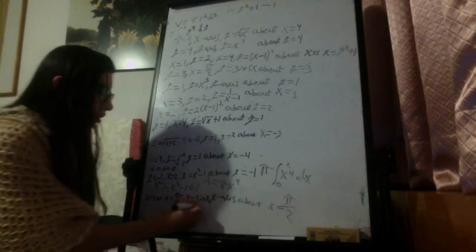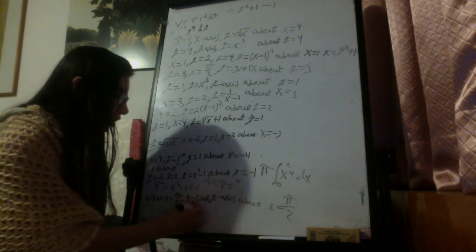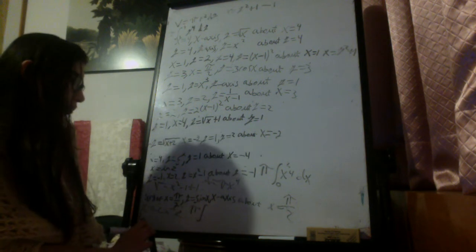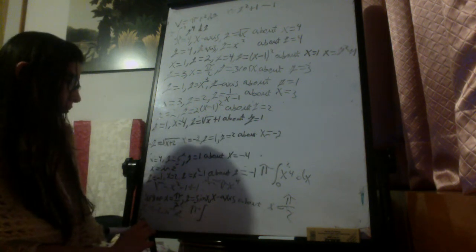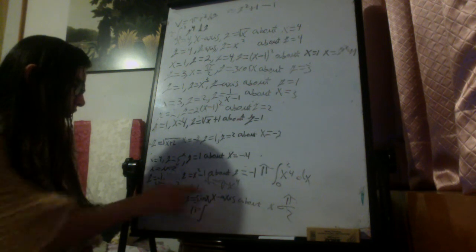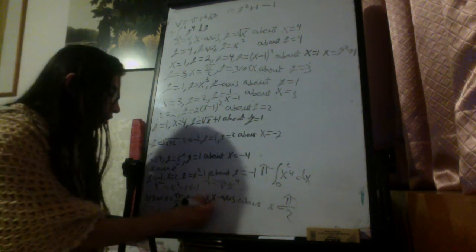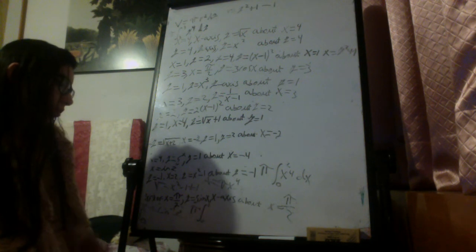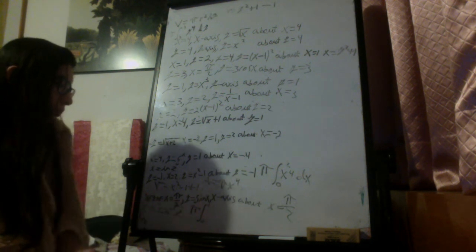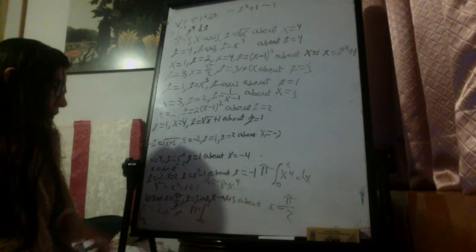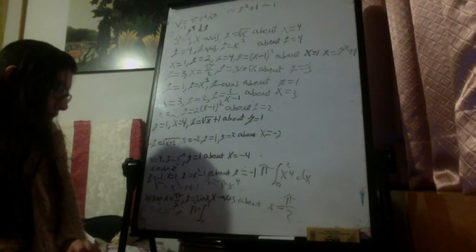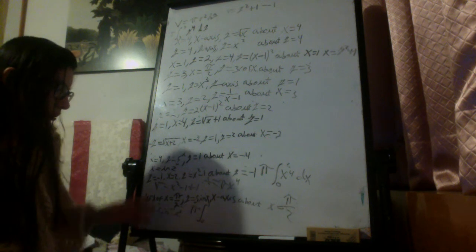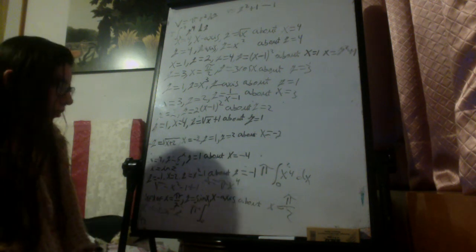So we have pi times the definite integral from 0 to 1 of, now the radius. Let's pick some number between 0 and 1, let's say 0.5. We have the arcsine of 0.5.